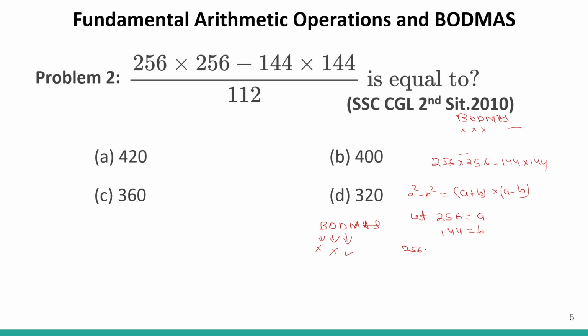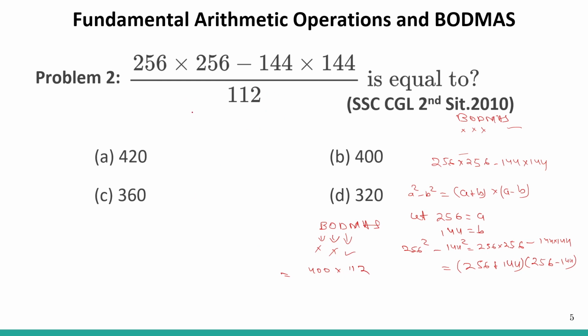So 256 square minus 144 square, that is 256 into 256 minus 144 into 144, is equal to 256 plus 144 whole into 256 minus 144. 256 plus 144 is equal to 400, and then multiplied by 112. Here you can see that there is a 112 in the denominator.